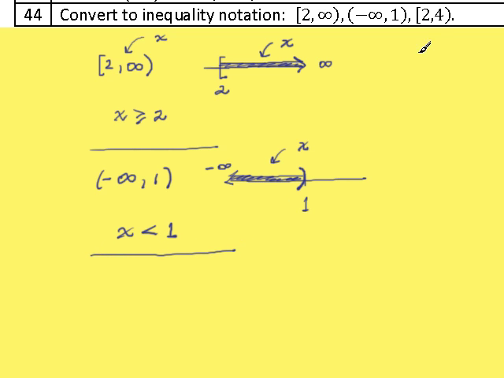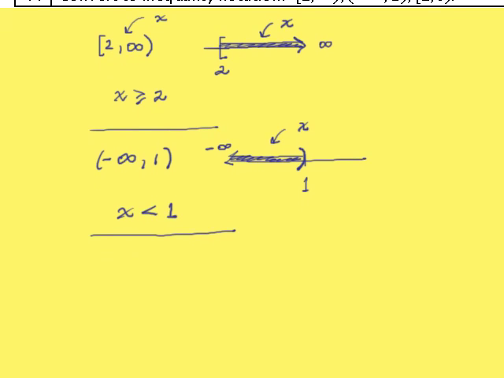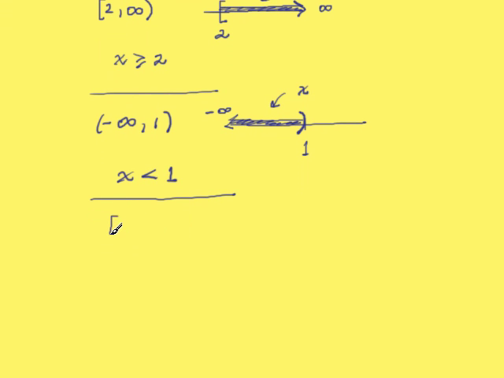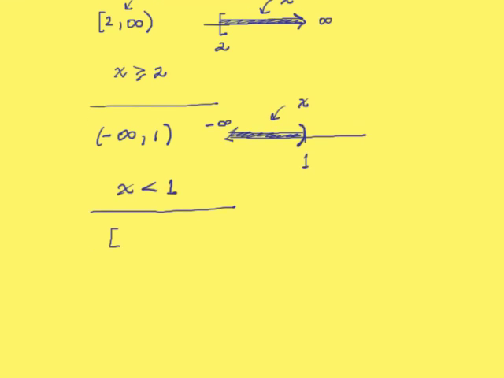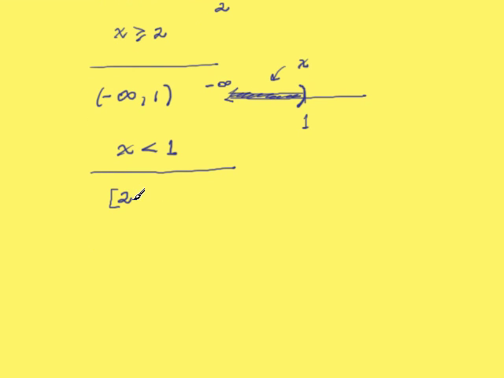All right, let's do the last one, 2, 4. Okay, that's square for 2 and round for 4. So our graph would look like this.